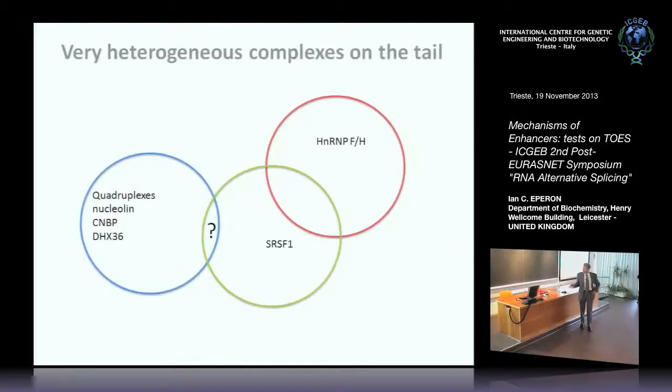So we appear to have these three complexes that form. There are the quadruplexes associated with these proteins here, SRSF1 and hnRNP F and H. And I've shown no overlap there because Fred Allain's group and others have shown that the binding of hnRNP F and H is in competition with quadruplex formation.